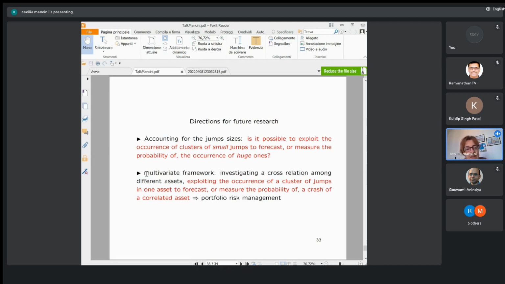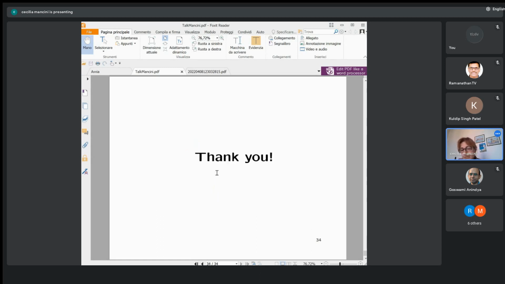And also, a multivariate framework would have to be considered because clearly the jumps occurring in one asset could well influence the jumps occurring in other assets. For instance, when Lehman Brothers went bankrupt, a lot of other assets had huge downward jumps in their prices. So that's all. And thank you very much.